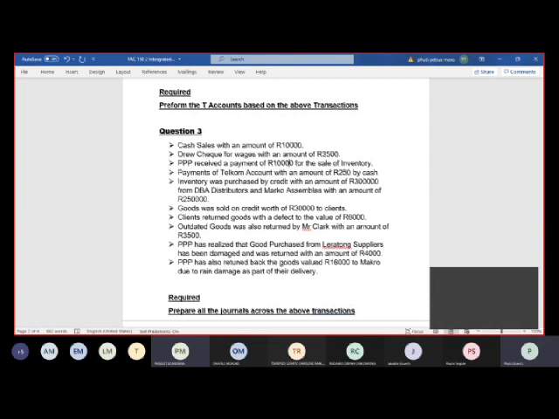Okay. So basically, under your purchases journal, you're going to have the columns for purchases and VAT input, as well as your trade payables. So the total amount of 300,000 rand, would it go under your purchases? No, the total amount will go under trade payables.